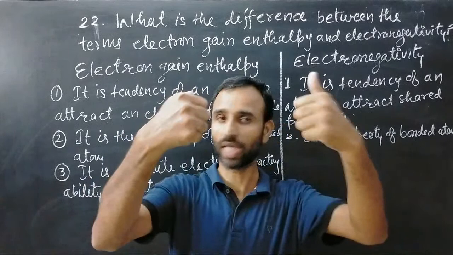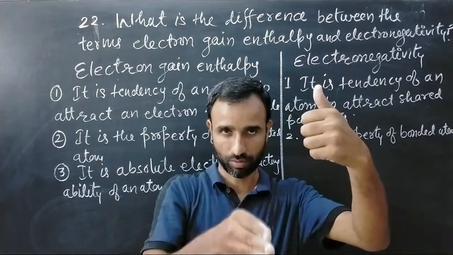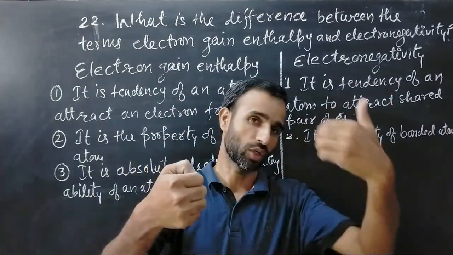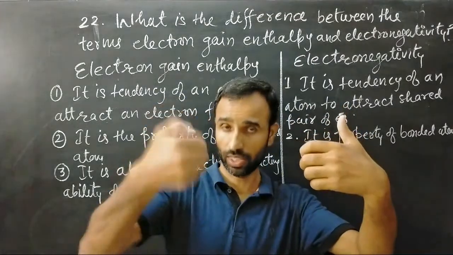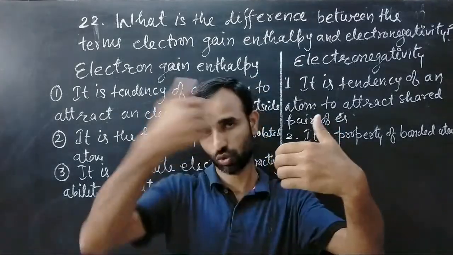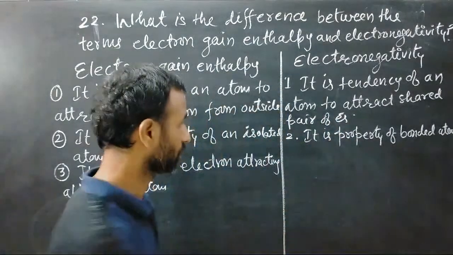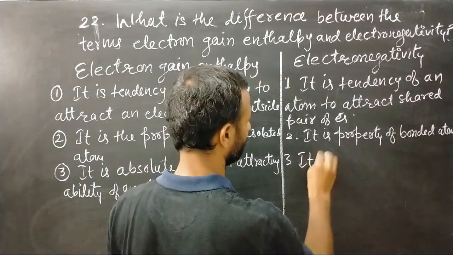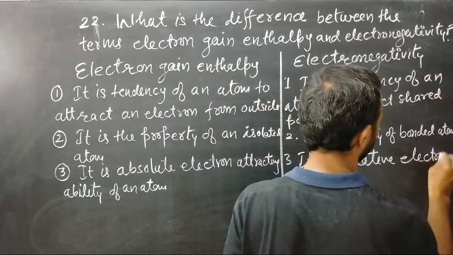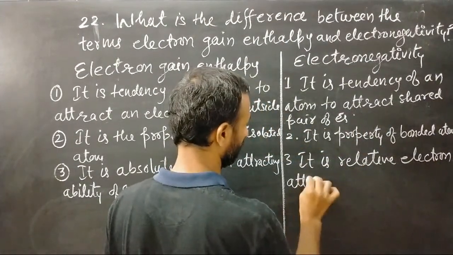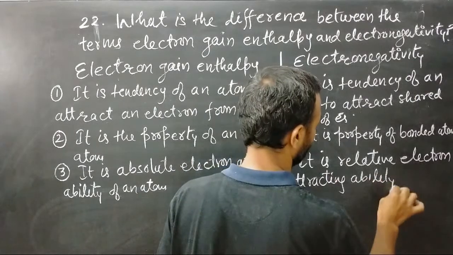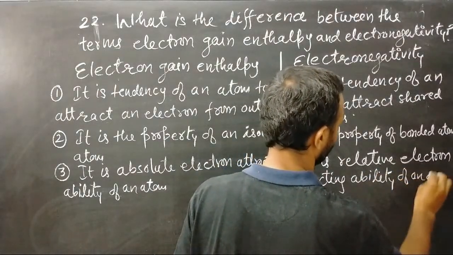If they both have the same electronegativity, then the shared pair remains midway. If it is more electronegative, then the shared pair is toward this atom. But it is a relative tendency. So it is the relative electron attracting ability of an atom.